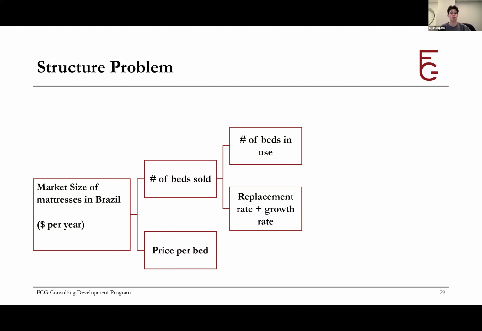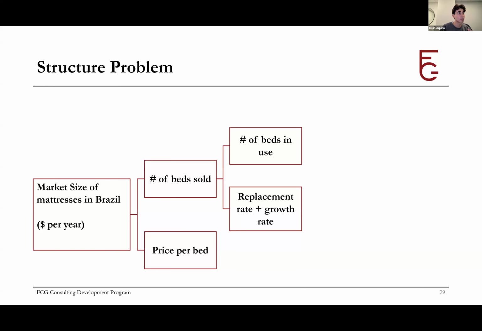But what we want to do is go deeper into the number of beds actually sold. To get there, we're going to go with what Devasa said, but with a little bit of a twist. Instead of figuring out the number of consumers, we're going to figure out the number of beds in use, and then multiply that by the replacement rate, right?